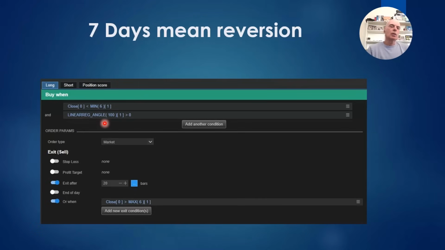So basically, we want stocks that are in an uptrend for the last 100 days. And we exit either when today's closing is the 7th highest, or if this condition is never met, we exit after 20 bars.